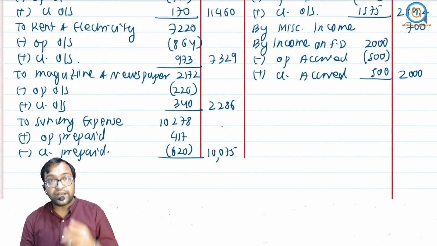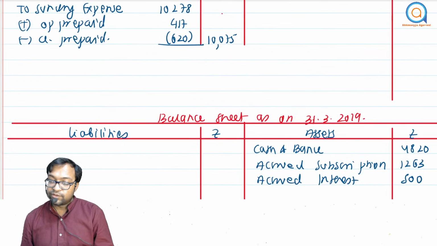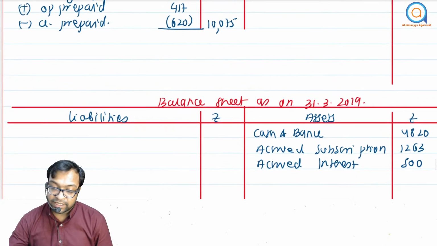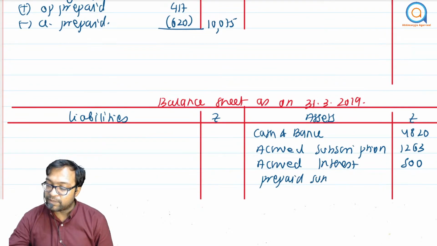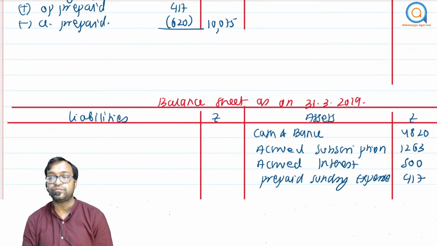Now this prepaid also is an asset. Now it will come on the asset side of balance sheet. So go to the asset side of balance sheet and write now prepaid sundry expense. I am in opening balance sheet. Opening balance sheet में I am writing 417. Prepaid sundry expense 417.